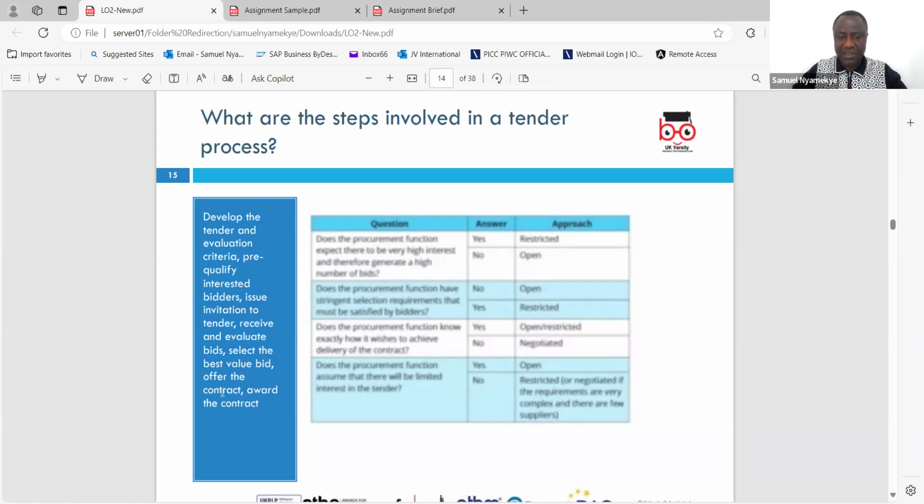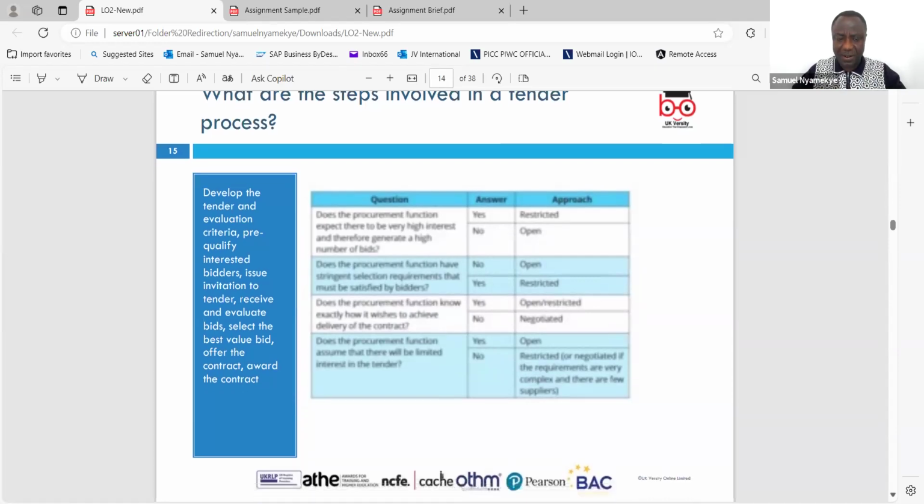And obviously, there should be the need for you to monitor the contract execution throughout the period. A few questions that you can ask yourself in doing this: the process, and the people who are coming, just to make sure that we are getting the right suppliers. So all these you can look at.